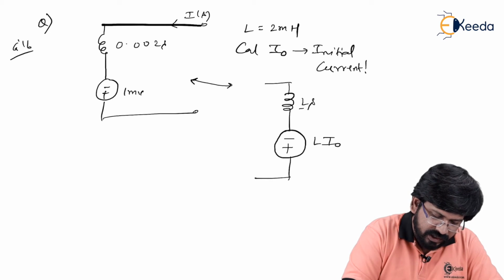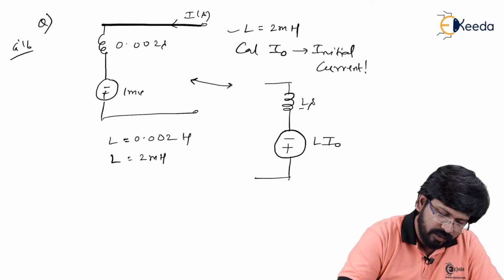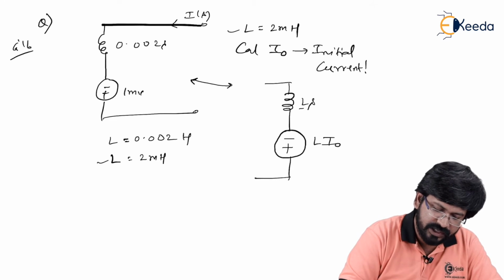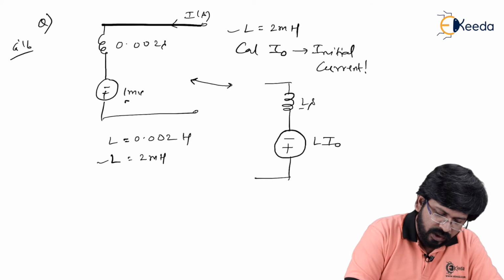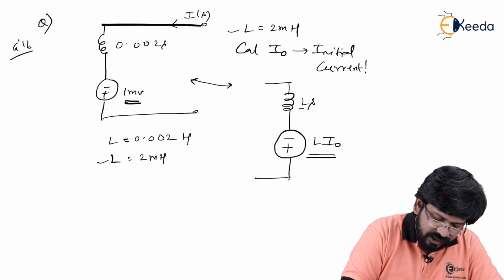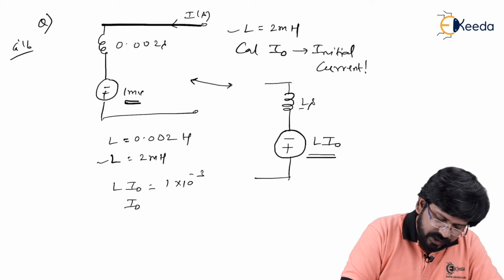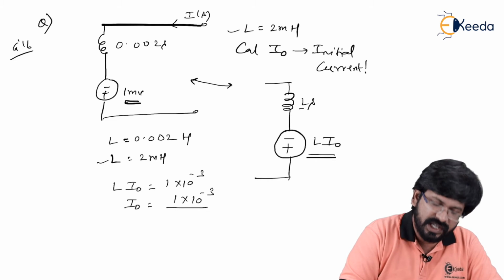As you can see, L is simply 0.002 Henry, or you can write 2 millihenry. But again, it was given in the problem itself, so there is absolutely no problem. It is valid. Simply 1 millivolt can be compared with L times I naught. So I can say L times I naught is 1 millivolt, which is 1 into 10 to the power minus 3. In this case, I naught is simply 1 into 10 to the power minus 3 divided by L. And what is the L value?